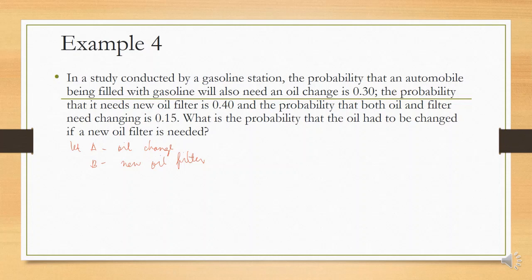So, sa given, ang probability na kailangan natin ng oil change ay 0.30 at ang probability na kailangan natin ng new oil filter ay 0.4 and the probability that we need both is 0.15. Okay?